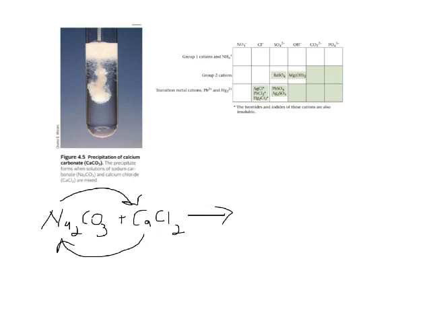Remember that we write the formulas based on charges, not on the original subscripts. So on this side, we're going to have calcium combined with carbonate. Remember that calcium is in the second column, so it's +2, and carbonate has a charge of -2.